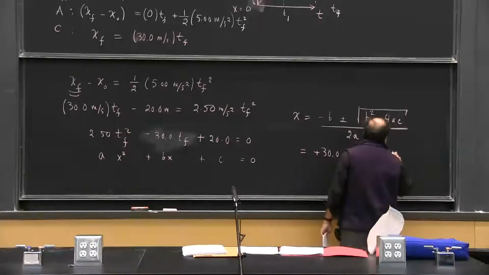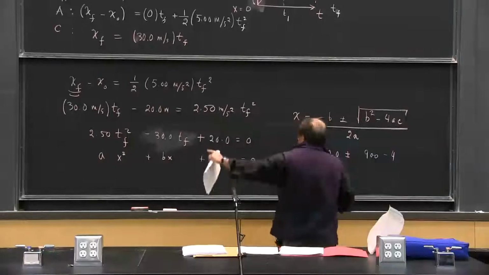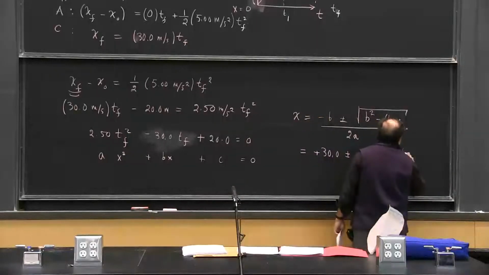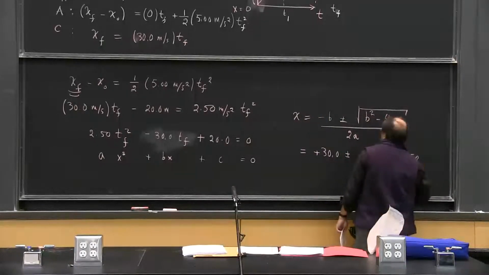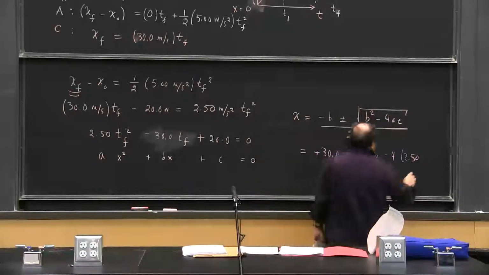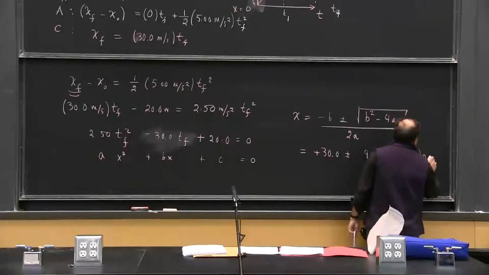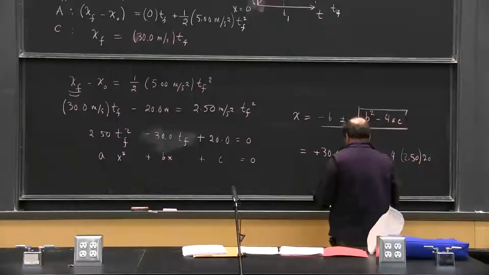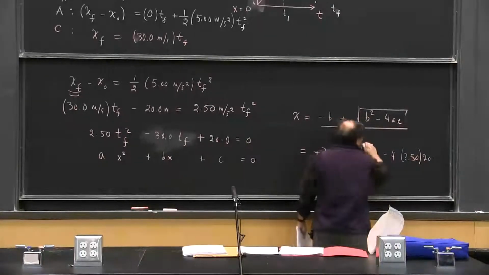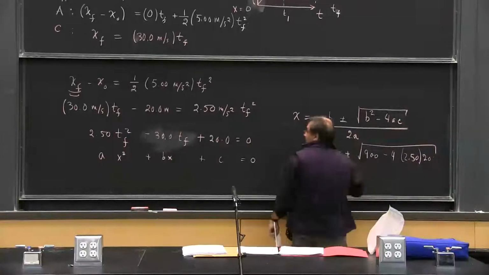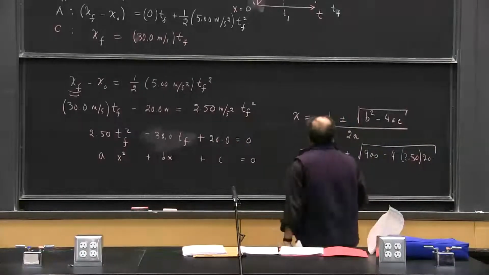Minus 4 is the number I'm carrying, a is 2.5, and c is 20. Right? Yeah. So now I will put this under a root and then twice a. a is 2.5, so this would be 5.